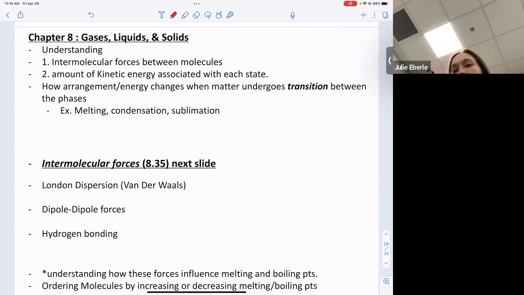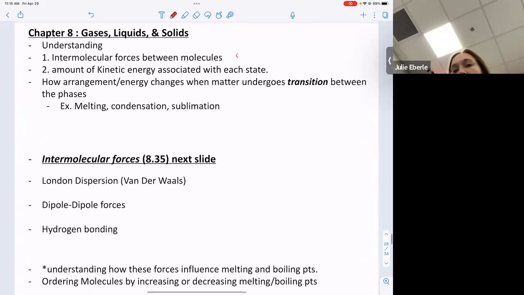All right. So we said that solids are interacting a lot. Those molecules are close together, so high amounts of intermolecular forces. Gases, the molecules are really spread apart. They're not really interacting at all, so low amounts of intermolecular forces. So solids have high amounts of IMFs, intermolecular forces.